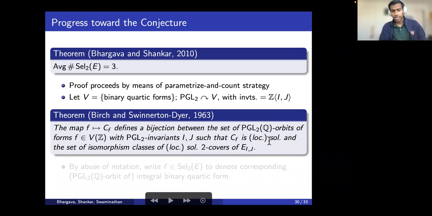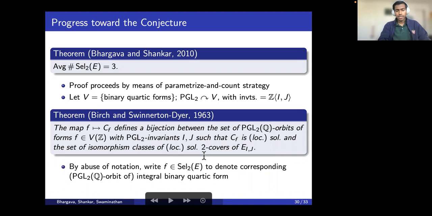So it defines a bijection between those binary quartic forms and the set of isomorphism classes of either soluble or locally soluble two covers of EIJ. So the takeaway here should be that two Selmer elements of elliptic curves correspond to binary quartic forms. So now in what follows, I'm going to abuse notation slightly by writing f in the two Selmer group of E to denote the corresponding binary quartic form.